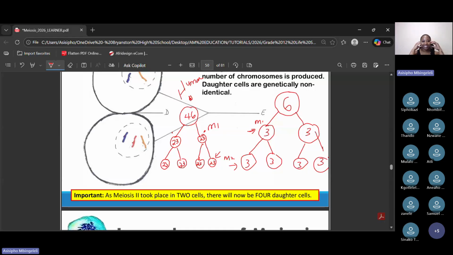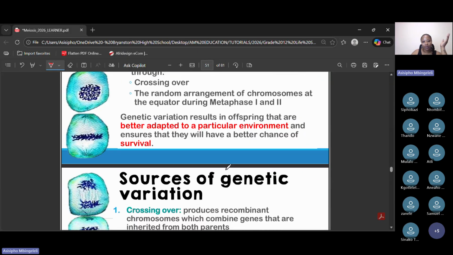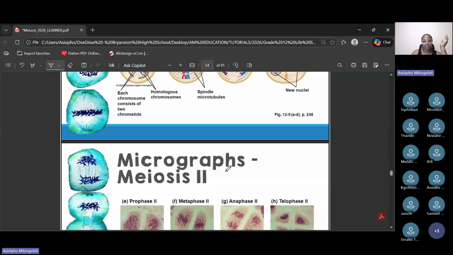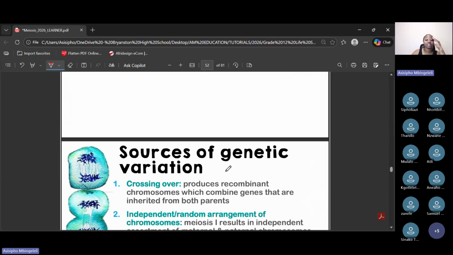They can say differentiate between anaphase 1 of meiosis and anaphase of mitosis. I should have a table somewhere. It looks like it's not in the next few slides, but I will show you that table.